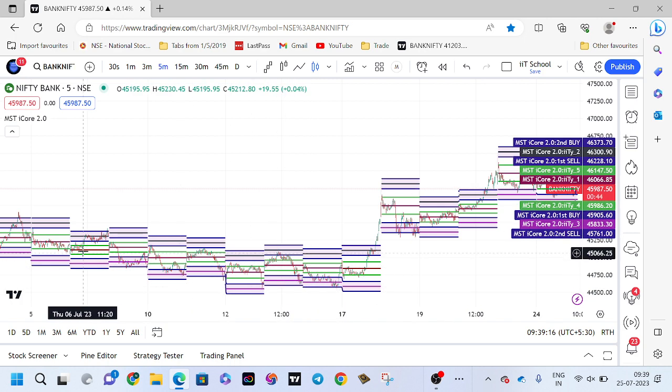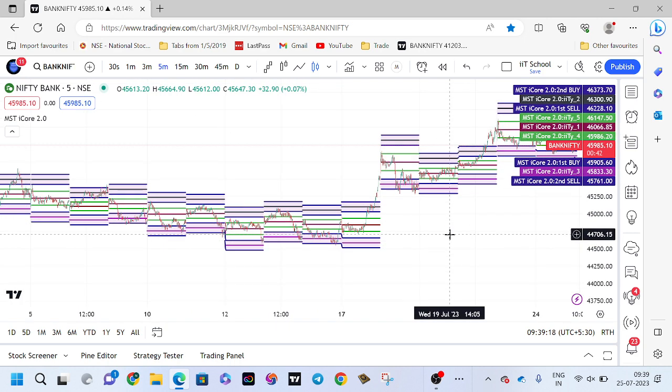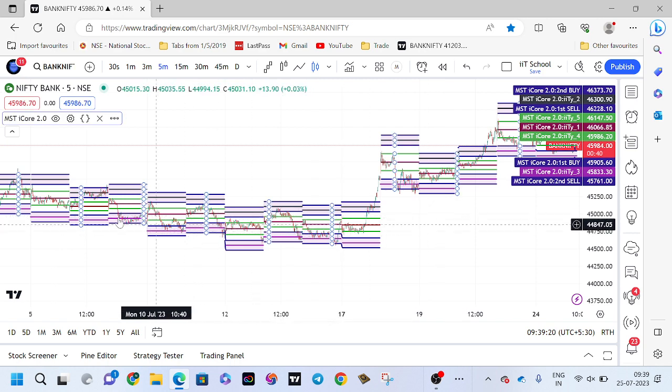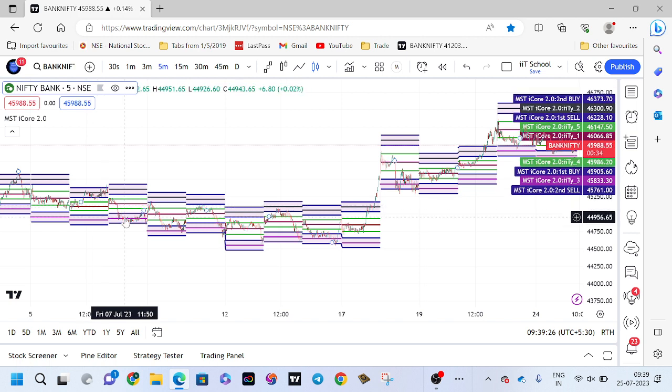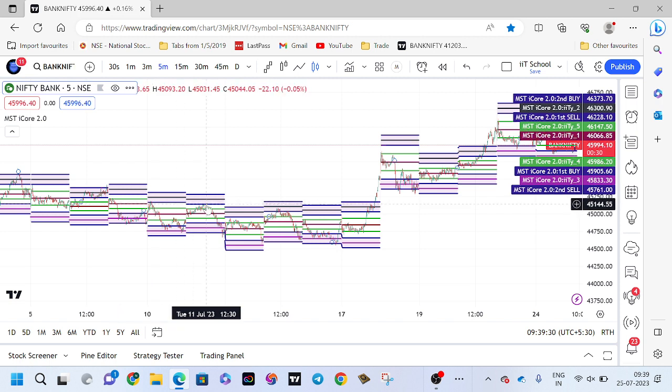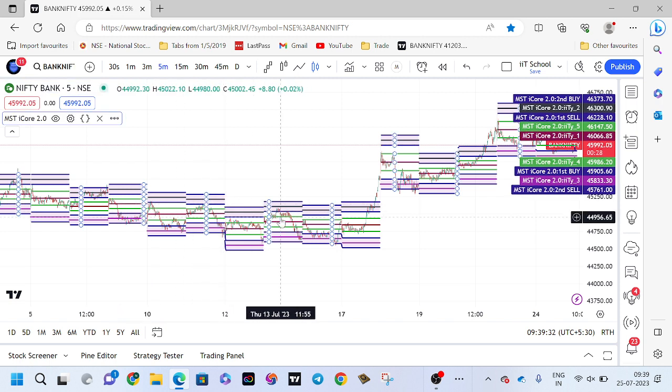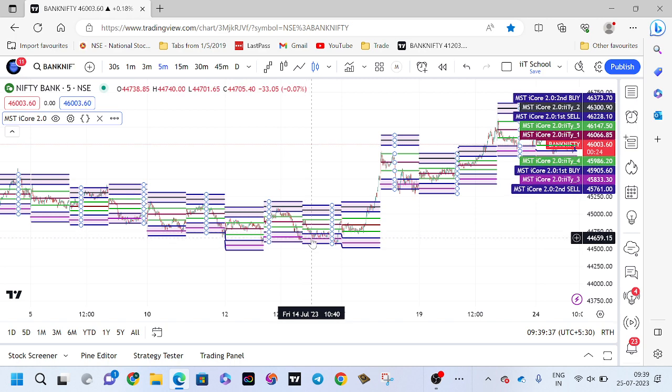If we see the lines, once it is formed, it will not be changed. Here no entry; here we got entry and target; here buy entry we got but target not reached; here sell entry perfectly we got, target hit, sell entry target hit, sell entry target hit, sell entry target hit. Buy entry, before target hit, market got over.